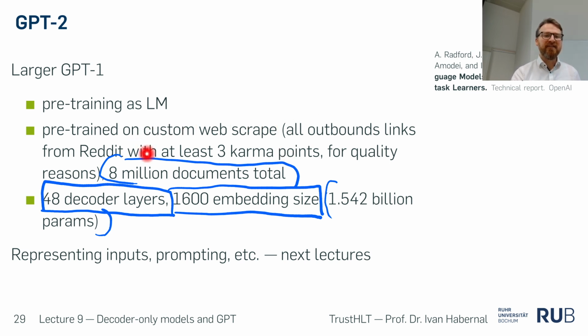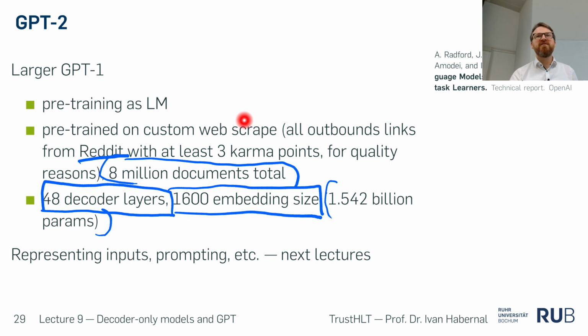So what they did is a nice way of finding good data for training: they go to Reddit. I don't know the karma points in Reddit, but if the post has some thumbs up, maybe it's not that bad.